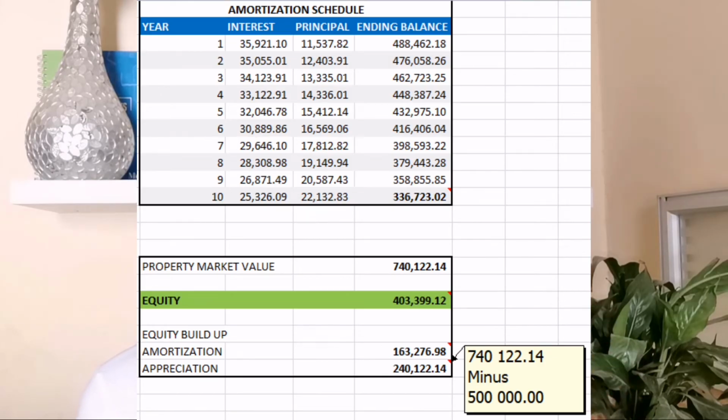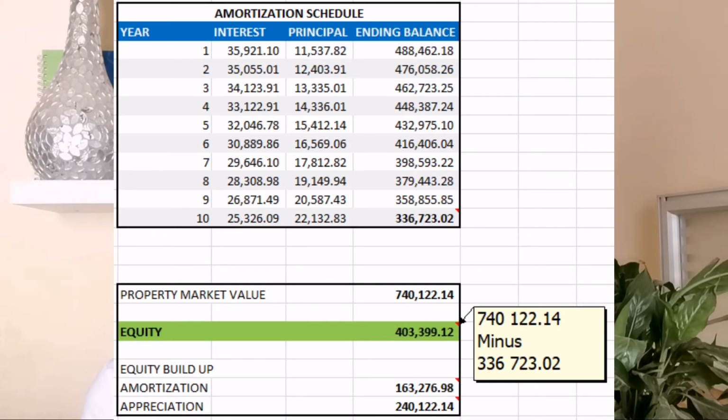Now realize the difference between the current market value of your property and the original value of the property, which was 500,000. We also have a difference there, which is about 240,000. That difference is because of appreciation, and we call it capital appreciation over the 10 years that we're looking at.